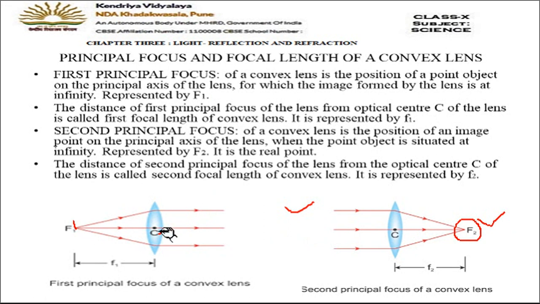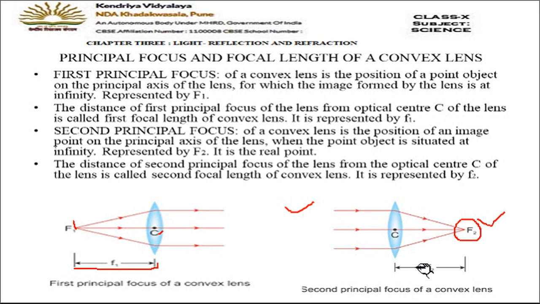Now, as we have studied, the distance between the focus point f and the center of the lens is known as the focal length, and it is denoted by small f. So this is f1 on one side. On the other side of the lens also, the distance between the center of the lens and the principal focus 2 is also known as the focal length.